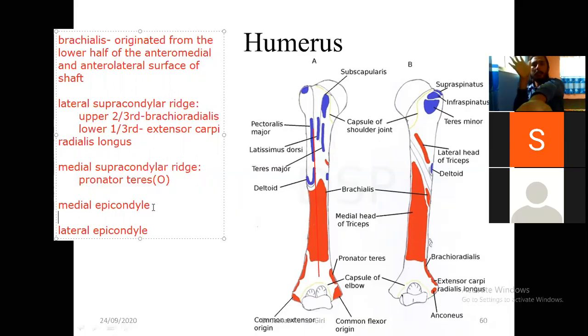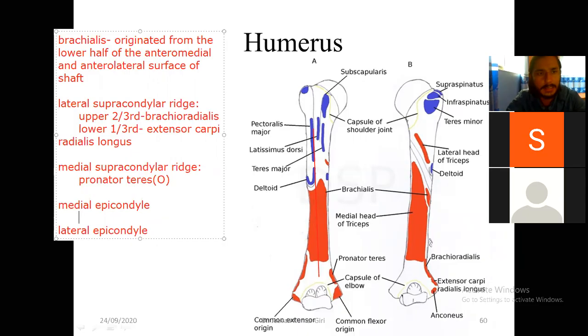In the medial epicondyle, can you see my five fingers here? The muscles are like this. They have a common origin from the same point, but five muscles are there. These are the muscles of the common flexor origin.